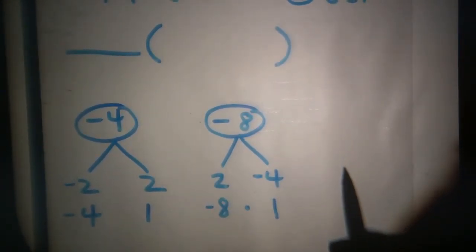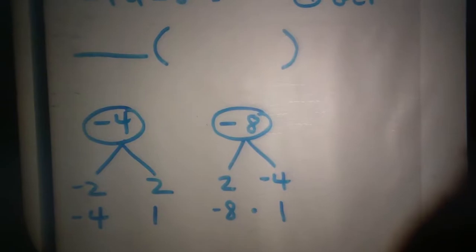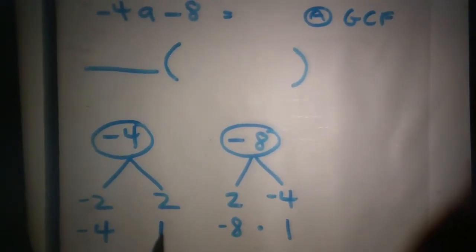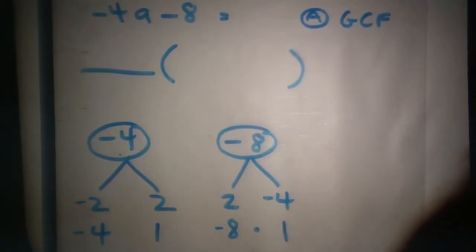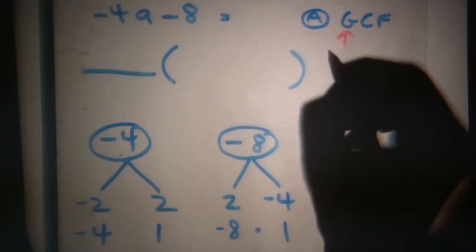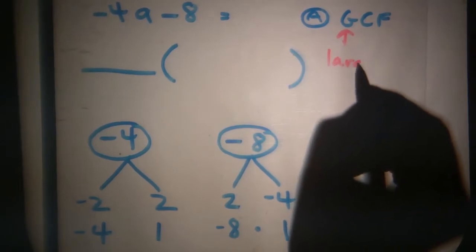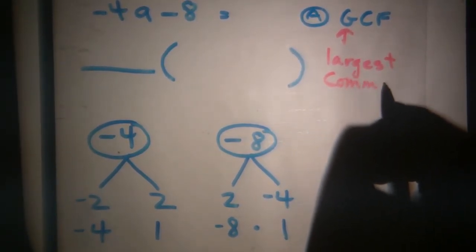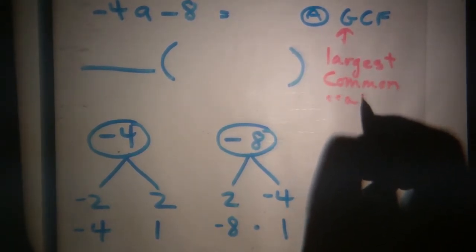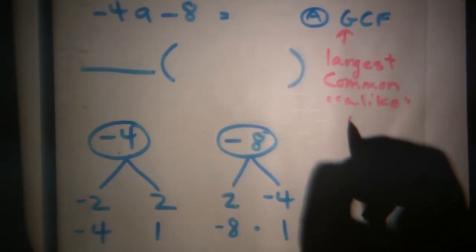But what would really be the determining factor on where the negative goes is after we determine which one is the greatest common factor. Greatest meaning largest. Largest common, which means the one that they have alike, factor.